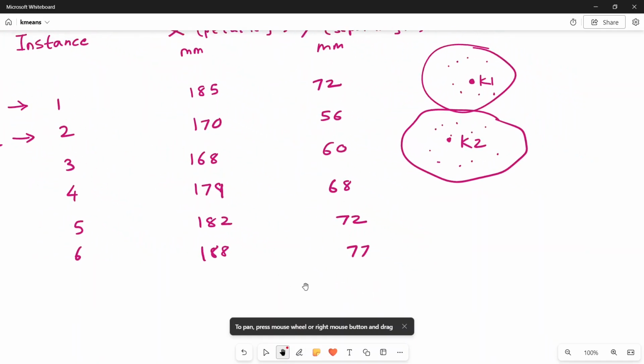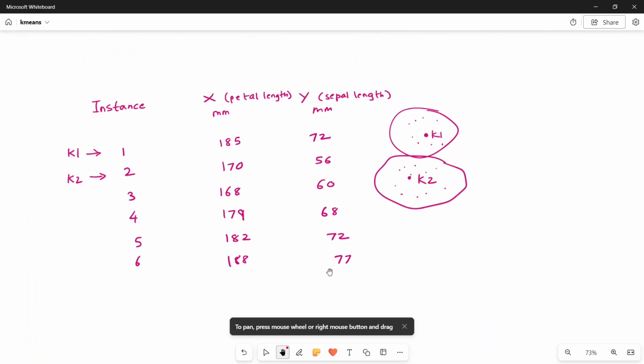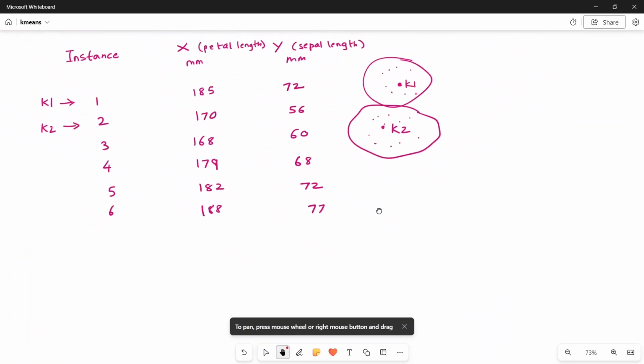Euclidean distance, all of you know how we calculate that. What we have to do now is calculate the distance of the third point onwards.